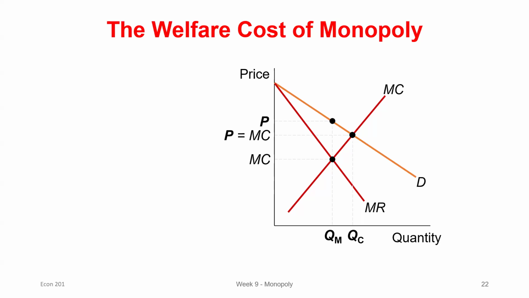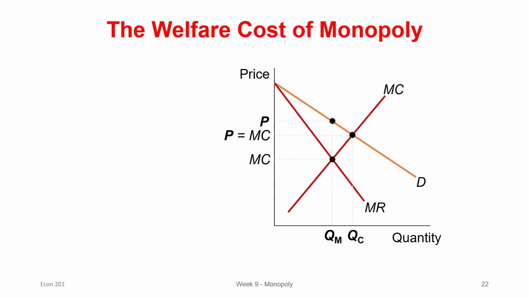So that difference between our price and our marginal cost, we're going to refer to as the monopolist's markup. Because if I had a perfectly competitive market, what is true about the price and the marginal cost of the last unit? They would be the same thing.